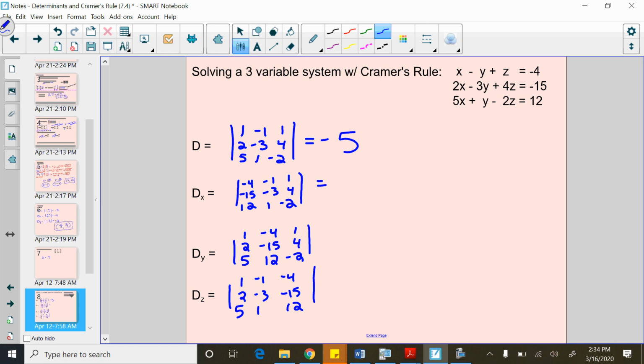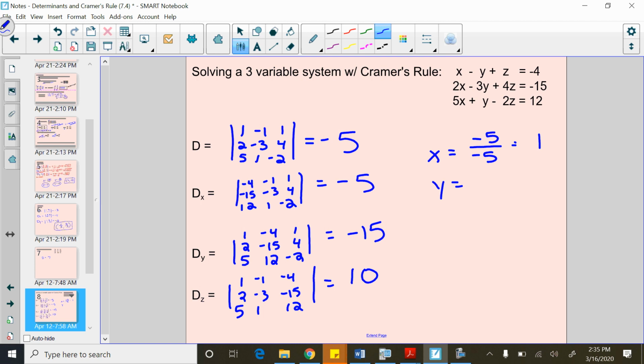This time, hopefully you have paused and tried this on your own. Your determinant with respect to x, you should have received a -5 for that one as well. Your determinant with respect to y, you should have received a -15. Your determinant with respect to z, you should have received a 10. So that means to solve, our x is going to be a -5 divided by -5. Your determinant with respect to x divided by your determinant, or your x is 1.